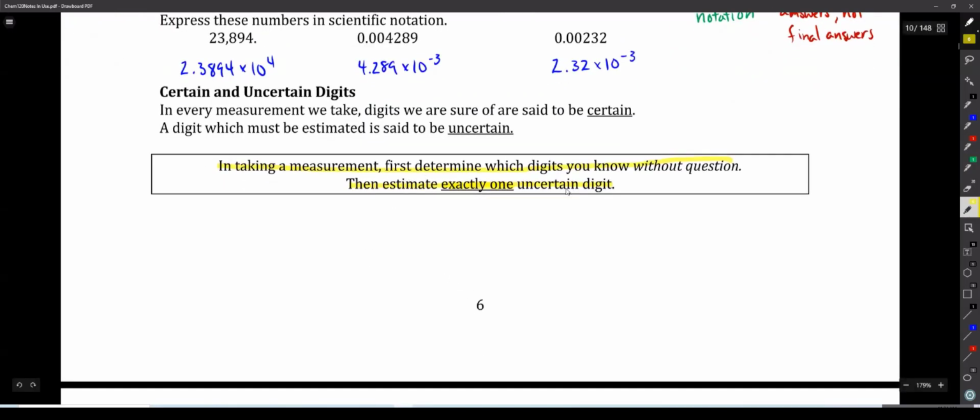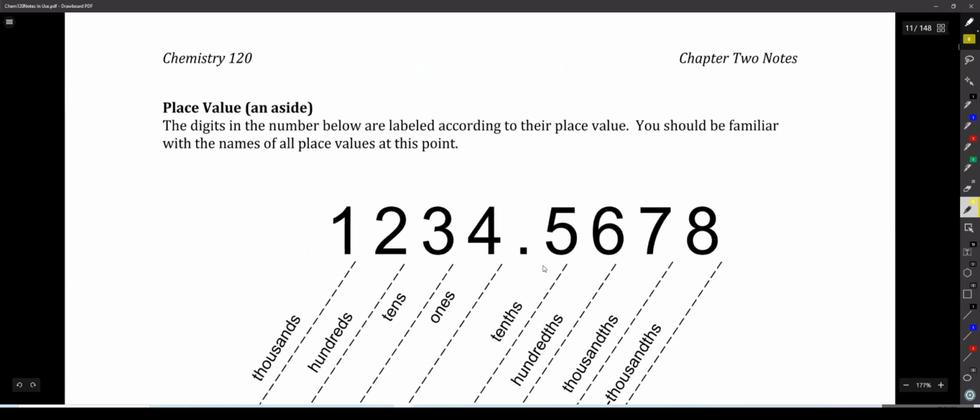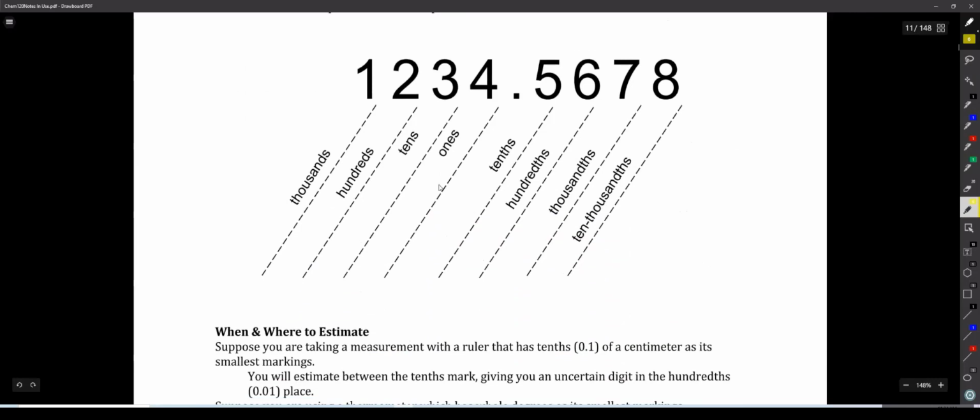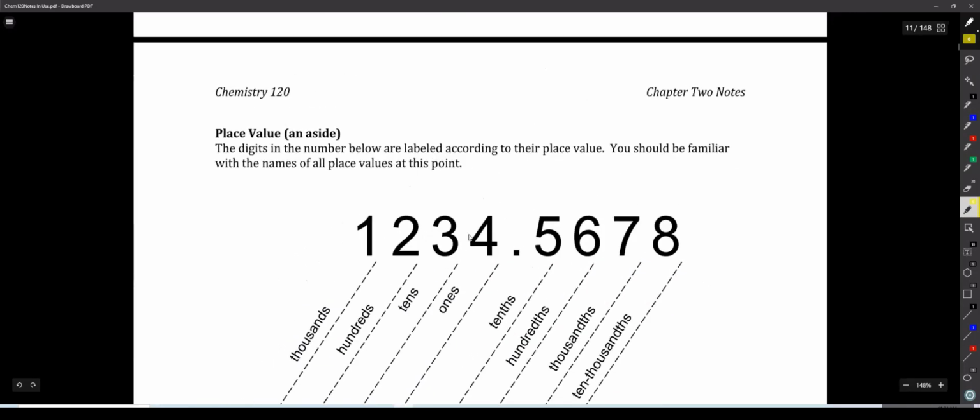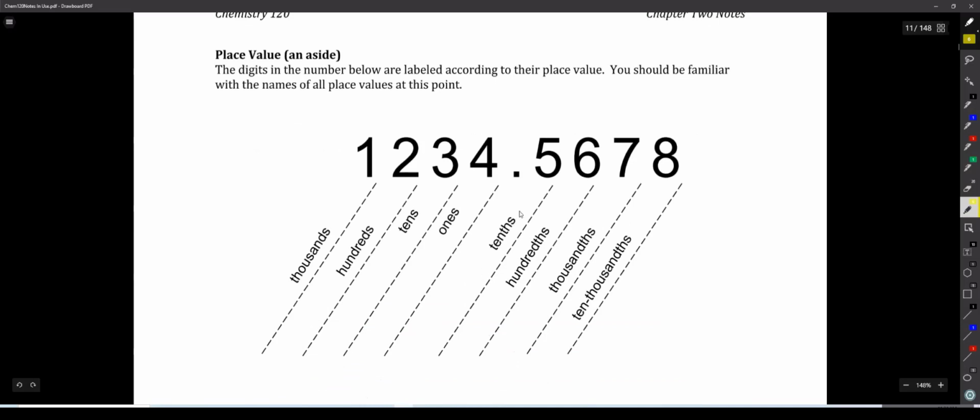A quick reminder, because I'm going to be using these terms a lot. You should have learned the place values years and years ago, right? You use these terms a ton. If you've forgotten them, you need to make sure you have them memorized.